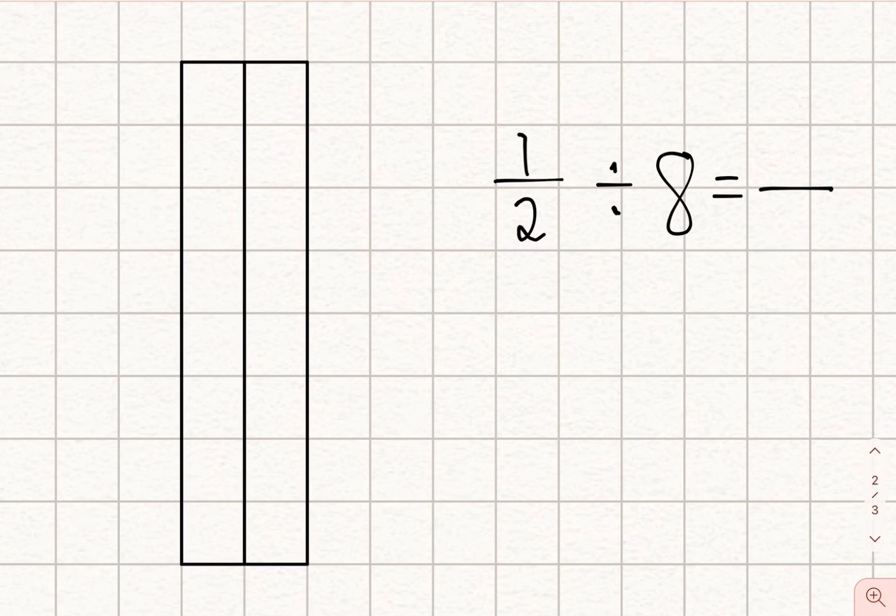Pause now and go ahead and try to solve that on your own first. And when you're done, go ahead and unpause the video and I'll work through it and we'll see how you did. All right. I'm going to go ahead and solve it. I'm assuming you've already tried solving it on your own. And I'm going to work through it now as well. So chopping my 1/2 into 8ths, or into 8 pieces. There we go.